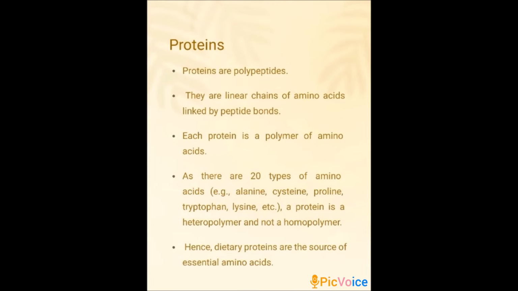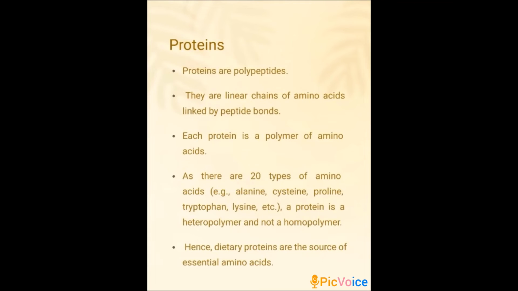Proteins are polypeptides, so they have many peptide bonds. They are a linear chain of amino acids linked by peptide bonds. So many amino acids are there and they are linked by peptide bonds. Each protein is a polymer of amino acids.